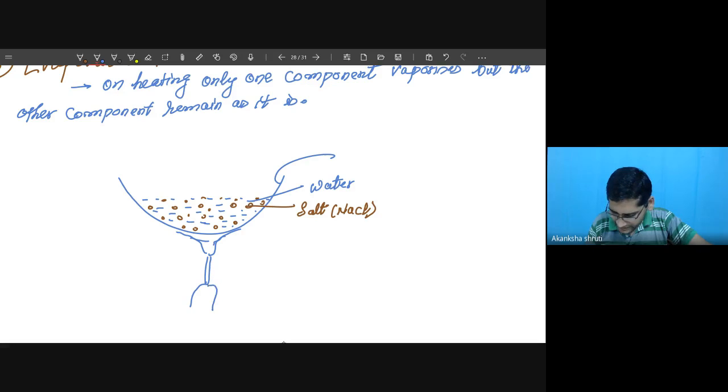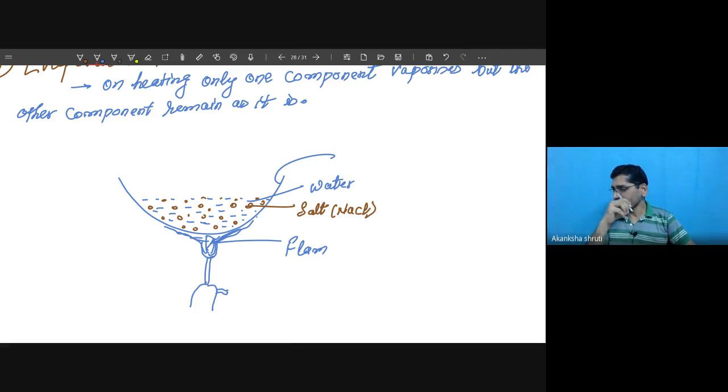For heating there is a special arrangement called a Bunsen burner. This is the flame I am drawing. Okay, students, this is your flame.